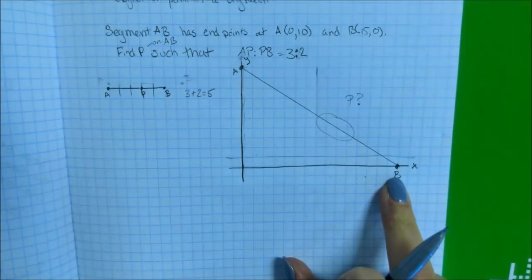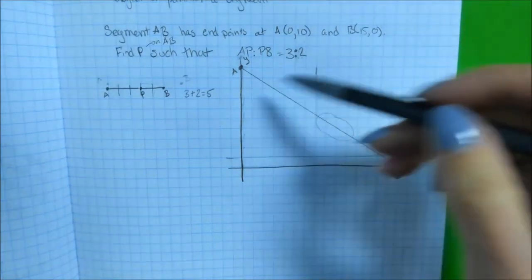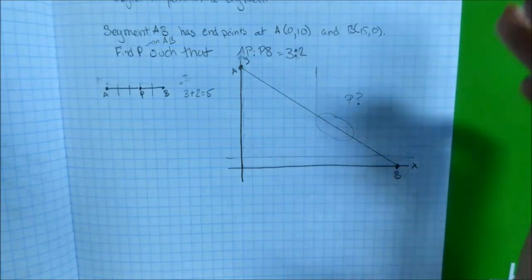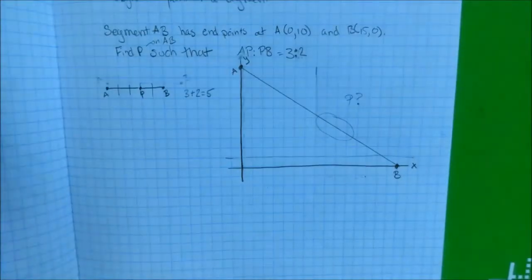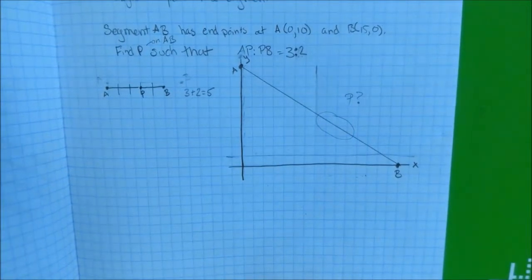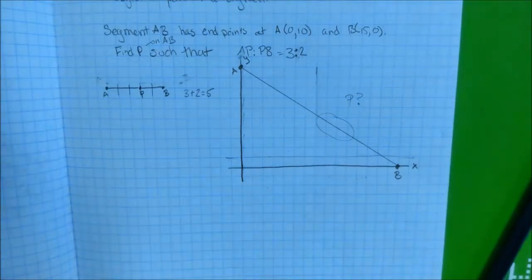Well, I don't know how to even begin to divide this line into 5 equal parts. I guess I could count out and down and kind of figure it out from there, guess and test. But I'm going to use the side splitter theorem to help me out. And the side splitter theorem is going to be immensely important. Okay?